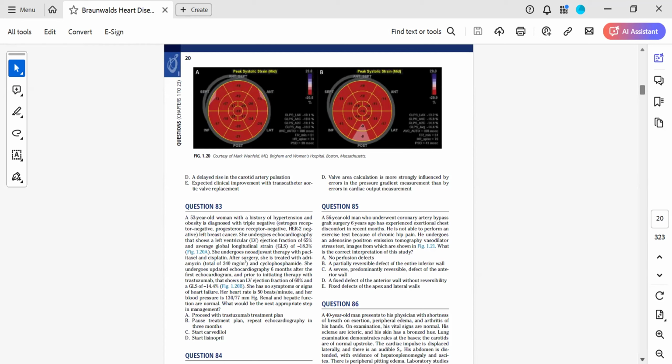Usually, a GLS greater than minus 16% is said to be normal. So before this patient started treatment, the GLS was minus 18.3, which is within normal.